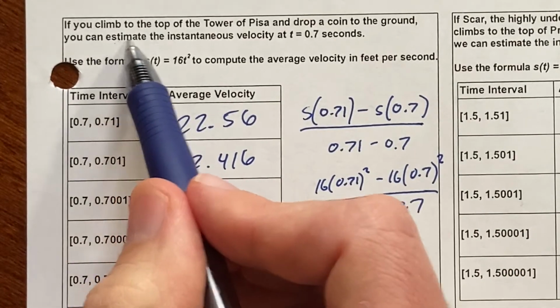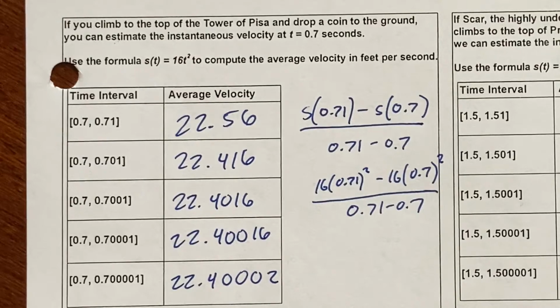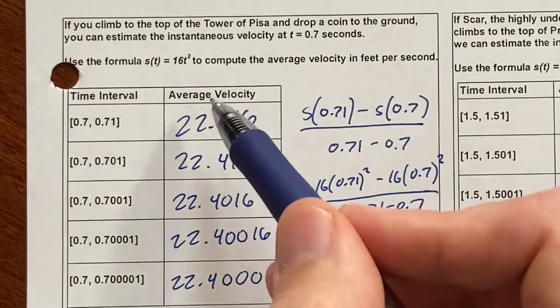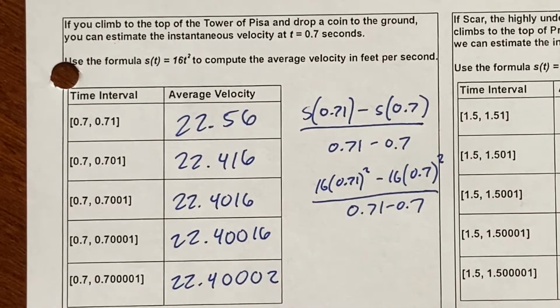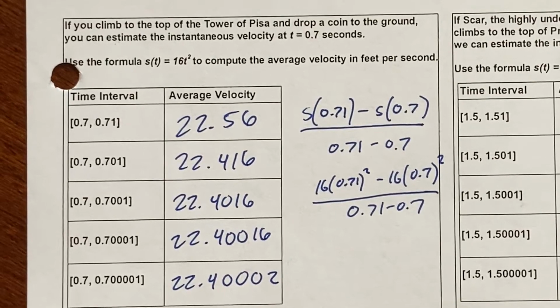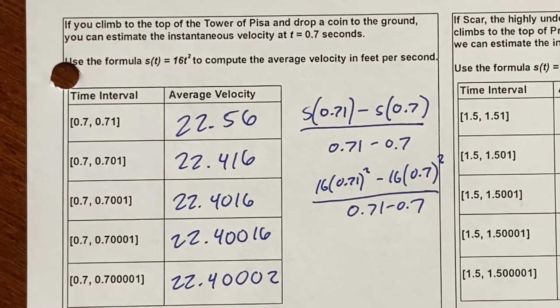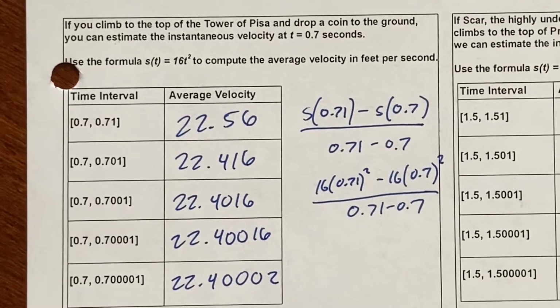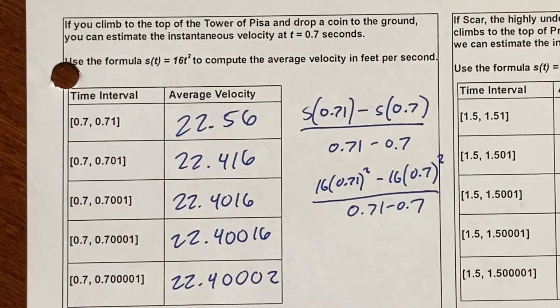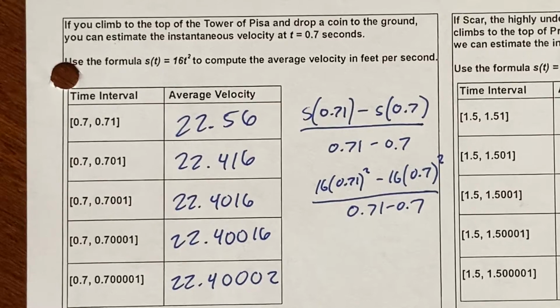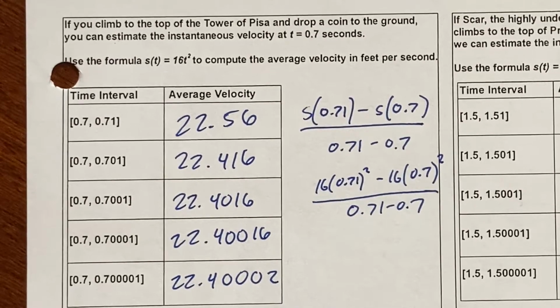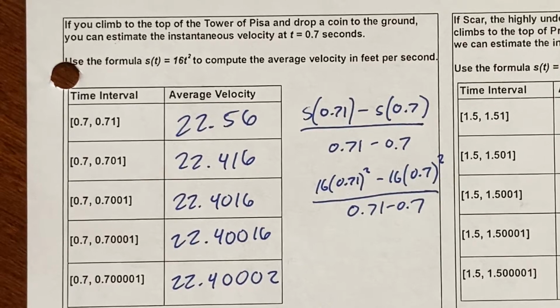And it wants us to estimate the instantaneous velocity. And we'll get to that here in a second, but for now, we found the average velocity, we're good. Okay, and instantaneous velocity is more like driving a car, when the cop does the laser at you and says, oh, I got you going 58 and 35, and you're like, oh crap.